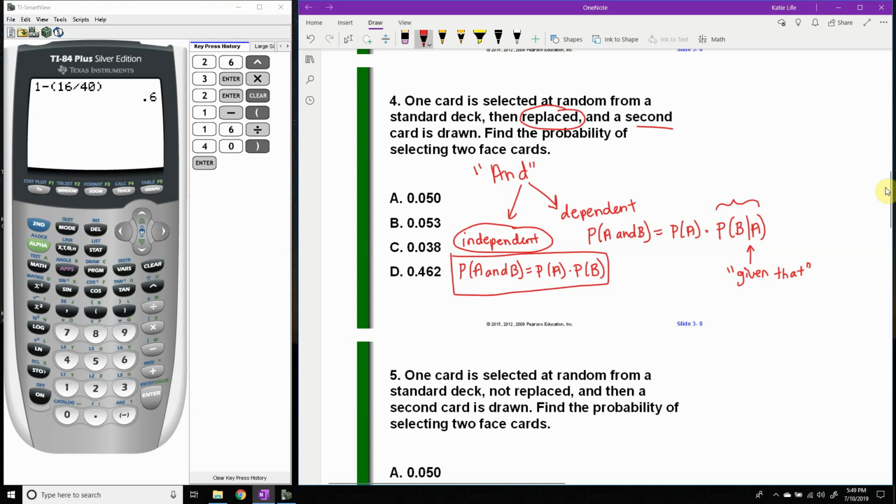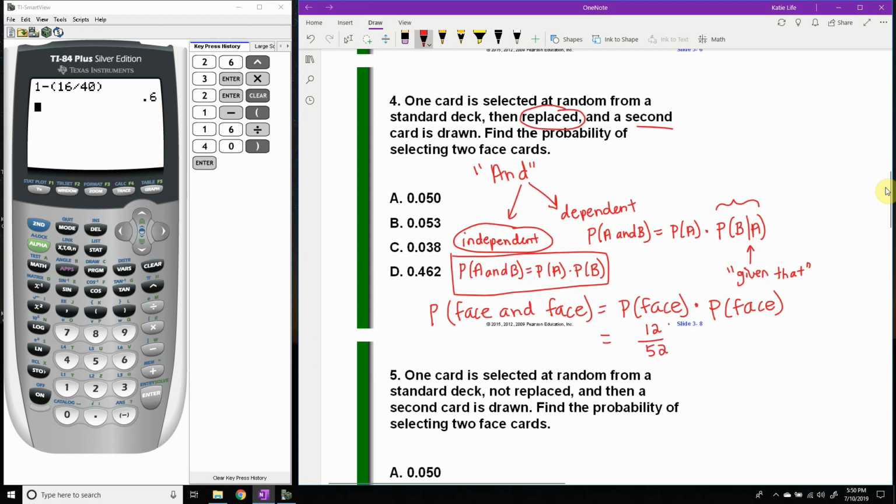So let's work this out. The probability that we draw a face card and then we draw another face card. Well, this will be the probability of drawing a face card times the probability of drawing a face card. Now, how many face cards are there? Well, there's 3 in each suit and there's 4 suits, so that's 12 face cards out of 52.